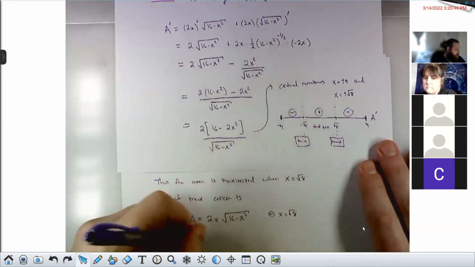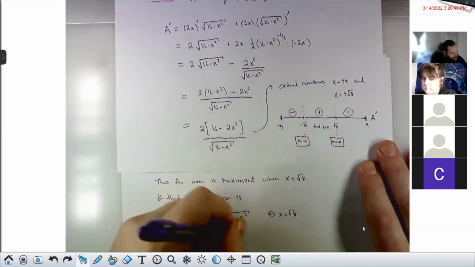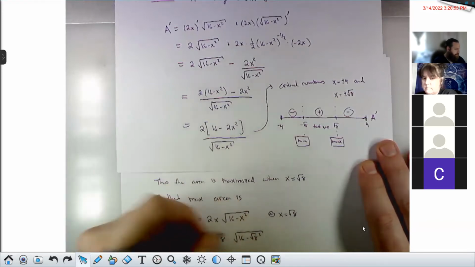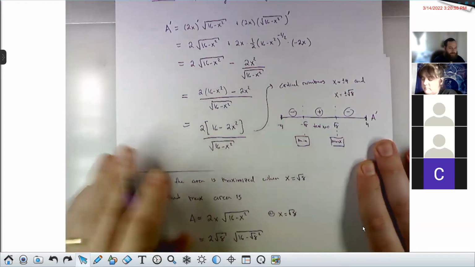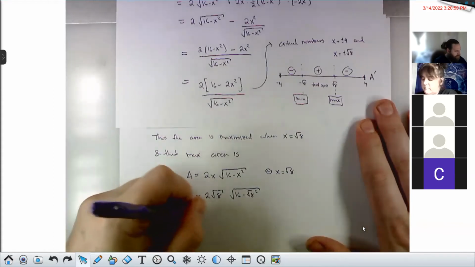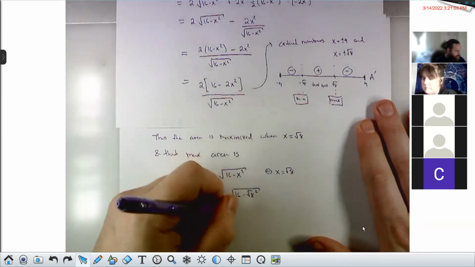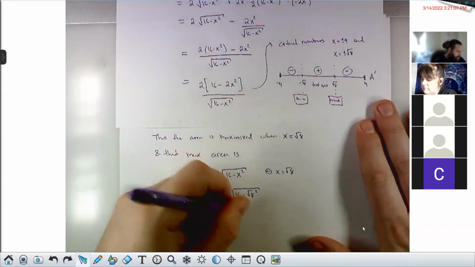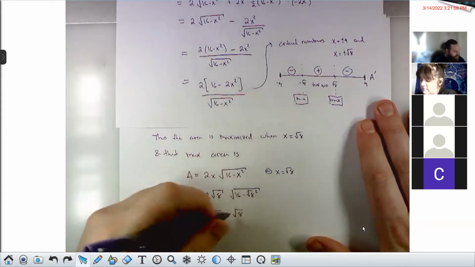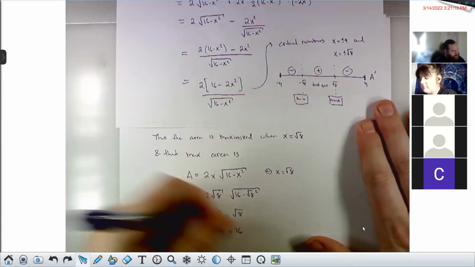This becomes 2 times the square root of 8 times the square root of 16 minus the square root of 8 squared. Square root of 8 squared is 8. So this is 2 root 8 times the square root of 16 minus 8, which is the square root of 8. So that's 2 times root 8 times root 8, which is 2 times 8, or 16.